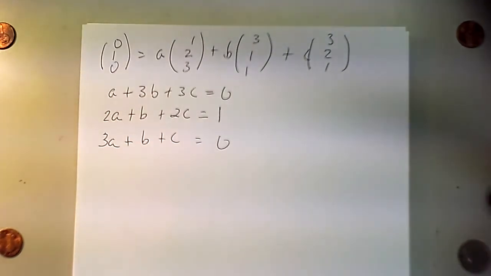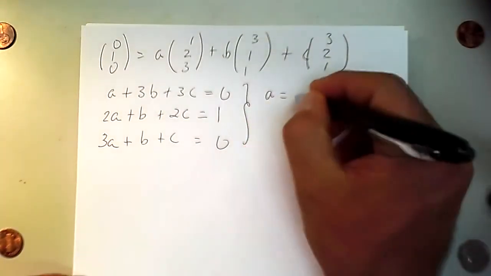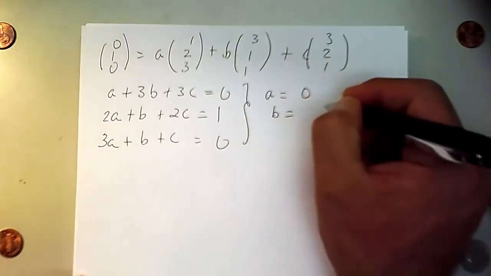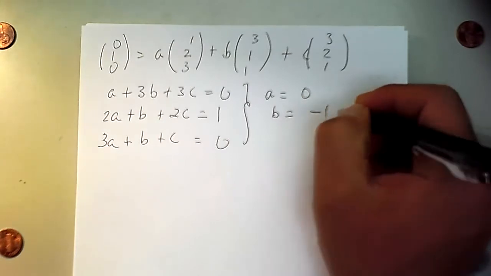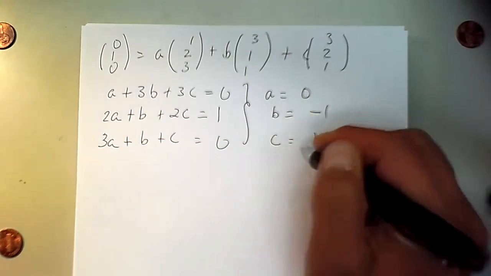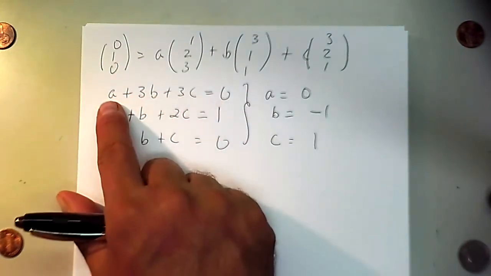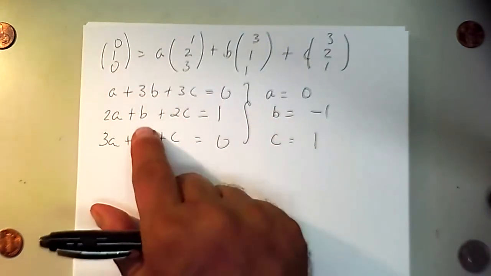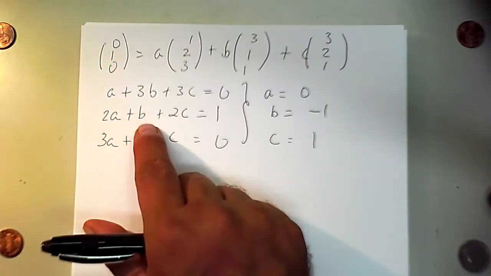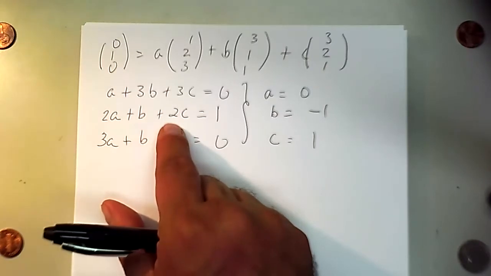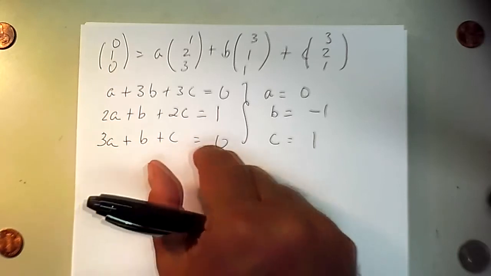And we get A equal to 0, B equal to -1, and C equal to 1. If B is -1 and C is 1, those add up to 0. I'm kind of double checking: -1 plus 2 is 1, and sure, -1 plus 1 is 0.